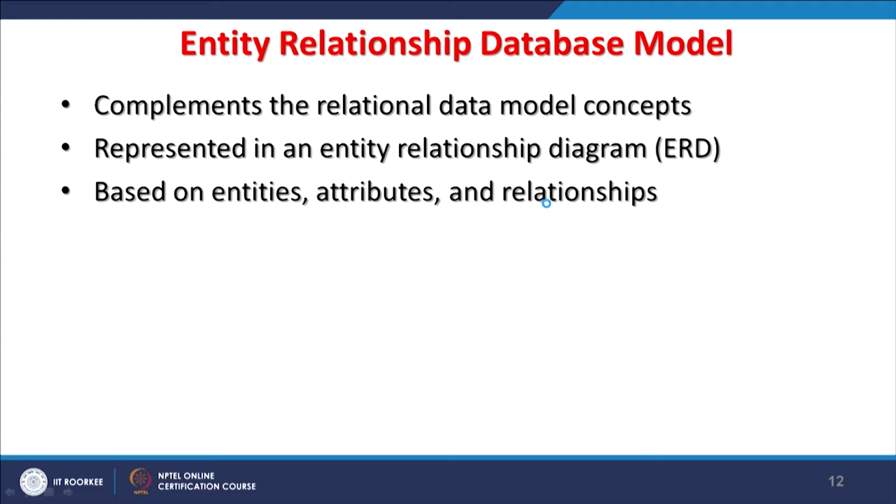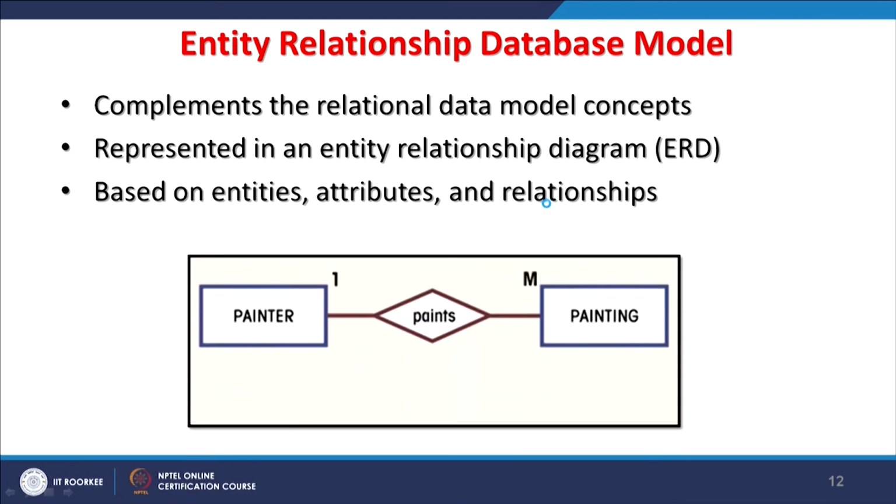So, vector entities for example, then attributes, non-spatial data or tables, and then what is the relationship between these two, spatial and non-spatial. Like here we have a painter and this is the painting, and paints is the relationship between painter and painting.